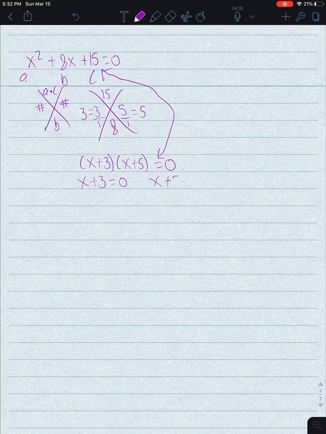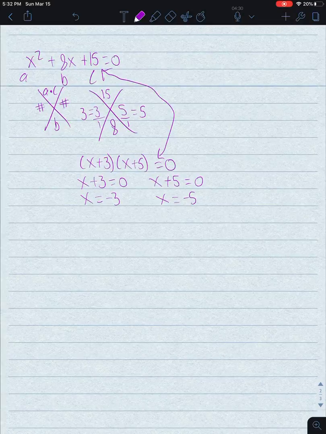And you look at x plus 5 on its own, and you just have to see what would make this equal to 0. Well, if x plus 3 is equal to 0, you would solve that by subtracting 3 to get x equals negative 3. If x plus 5 is equal to 0, you would solve that by subtracting the 5 to the other side to get x equals negative 5.